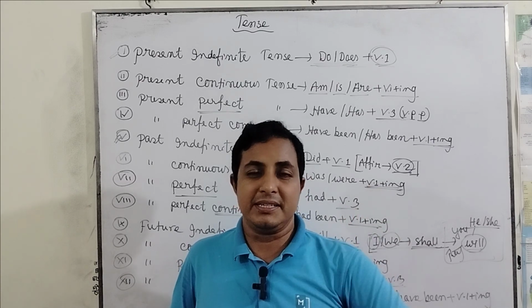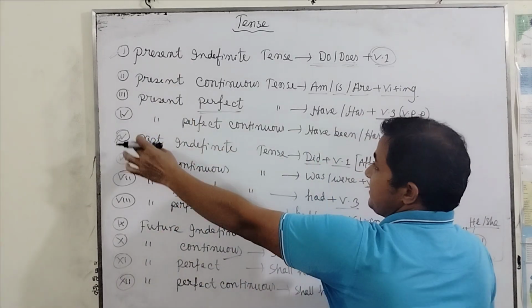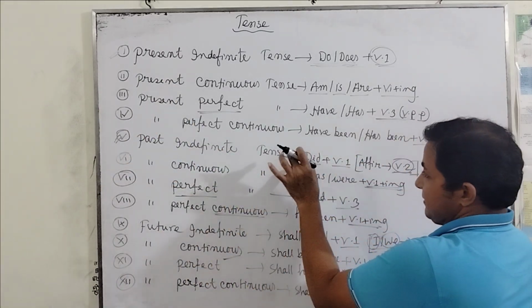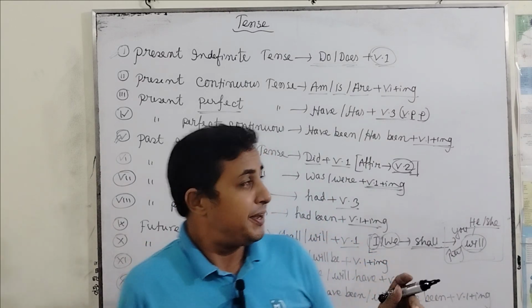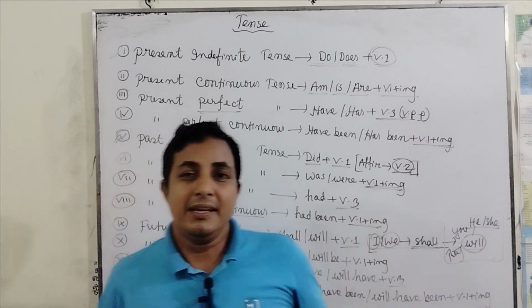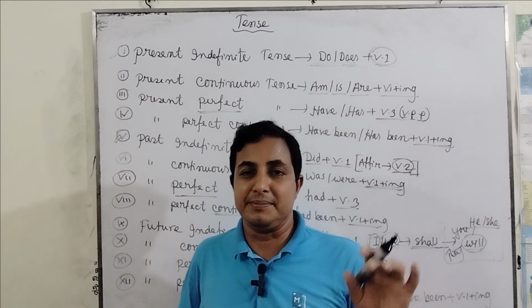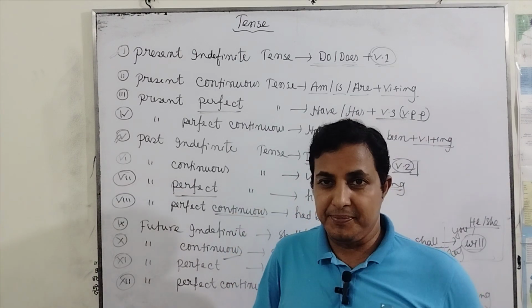Only in present indefinite and past indefinite does the affirmative form never take an auxiliary verb, but the rest of the forms, negative and interrogative, must take the auxiliary verb.